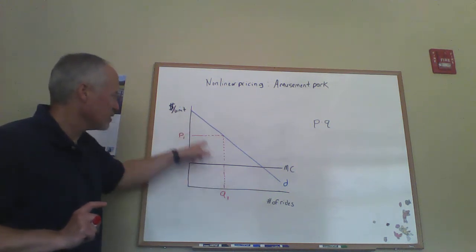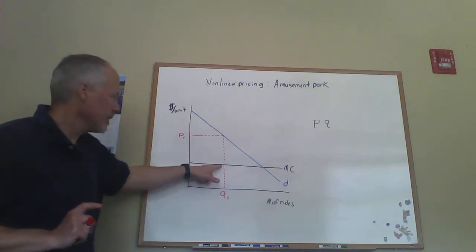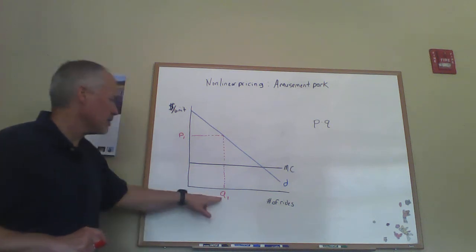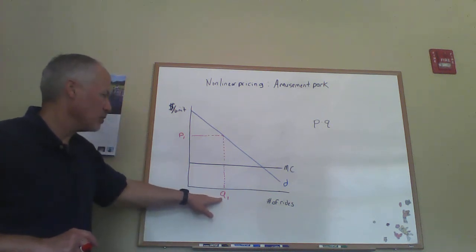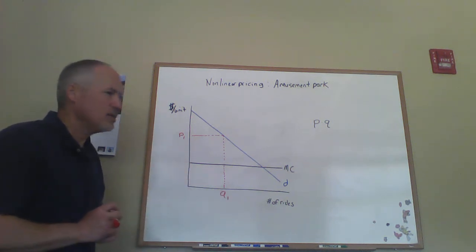The marginal revenue curve coming down here would intersect marginal cost right here, giving us the profit maximizing quantity of Q1. We charge a price of P1, and the person would ride this many times.